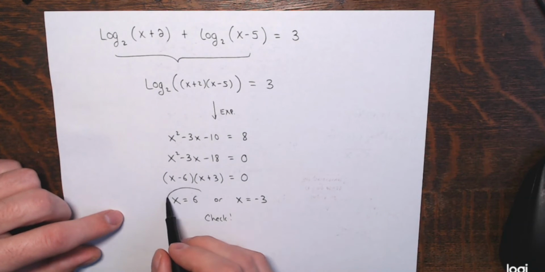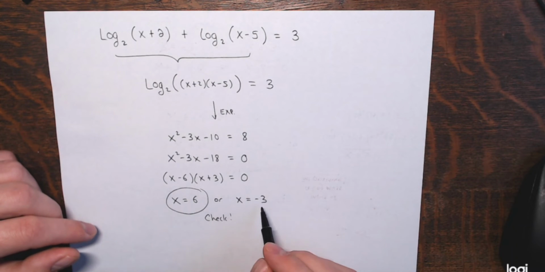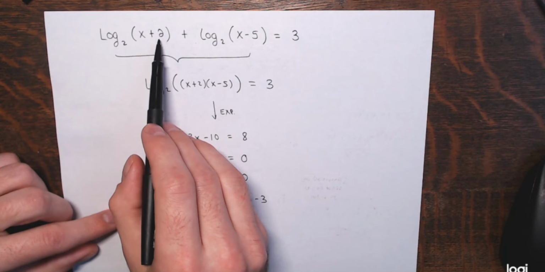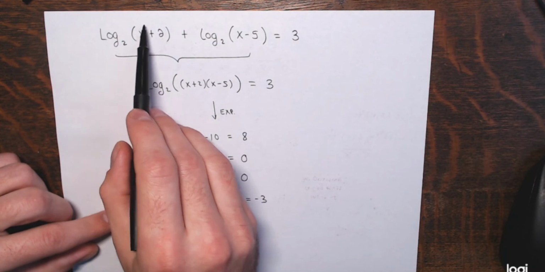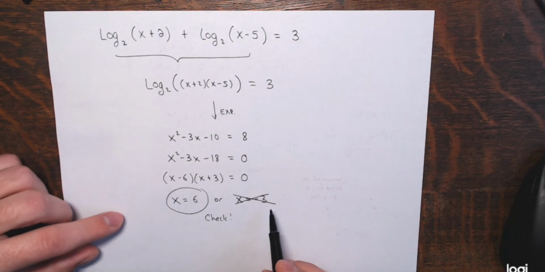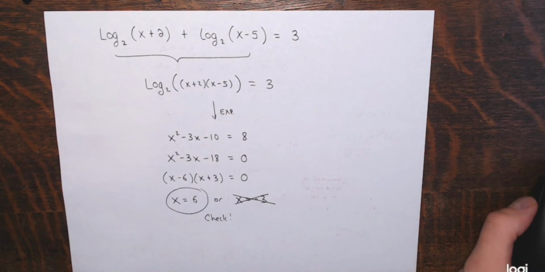So 6 should work. Negative 3 on the other hand, negative 3 plus 2 is negative 1. You can't have negative 1 inside a logarithm, right? Only positive. So negative 3 is extraneous. Our only solution is 6.